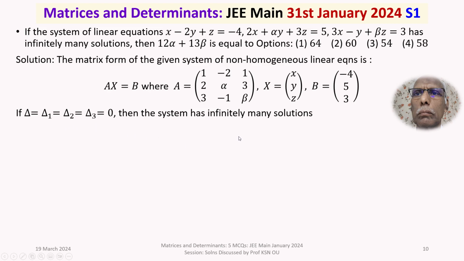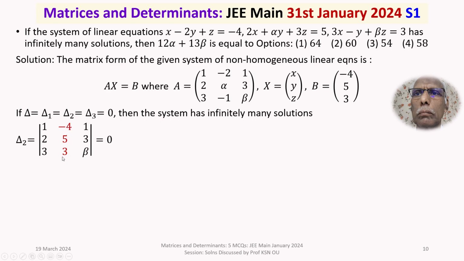So first of all, we take delta 2. Delta 2 means it is the same as delta, with the second column, 2, alpha, -1, replaced by the column matrix B: -4, 5, 3.